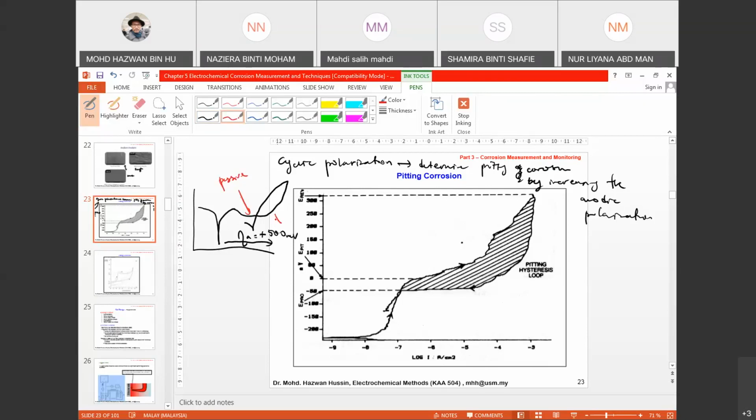And then there's also the region where you experience transpassive. When you have transpassive over here, this is your E pit, or so-called pitting potential.